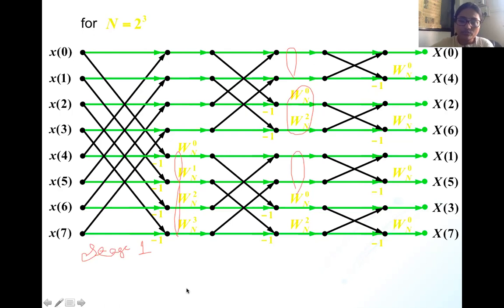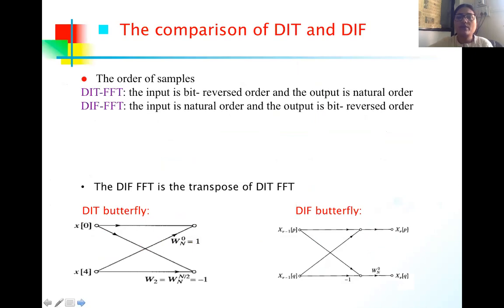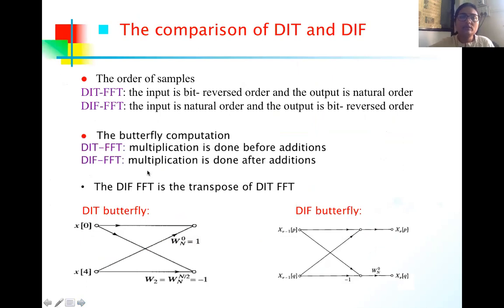Okay, so now next we will see the comparison between the DIF and DIT algorithms. These are some of the comparison points I have written here. The first comparison point is the order of the samples.